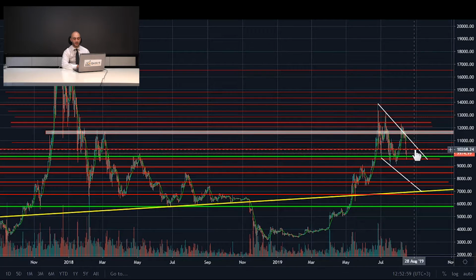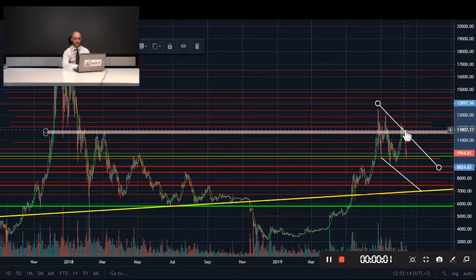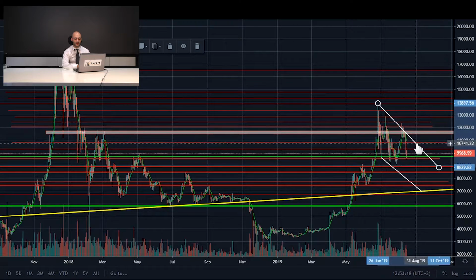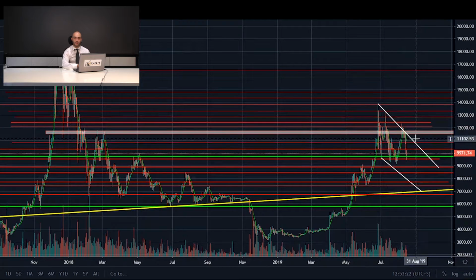But as long as the price stays under this trend line, which has worked very well, I will wait for more downtrend move for the general trend of Bitcoin. But for the short term, we can see an upwards move until touching this trend line.